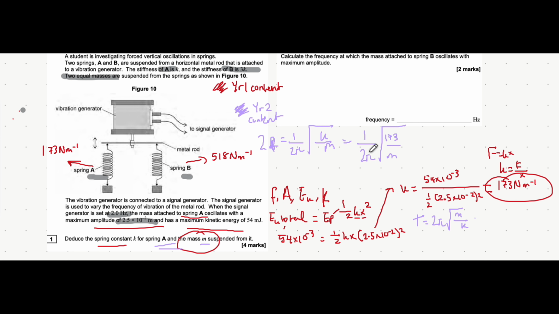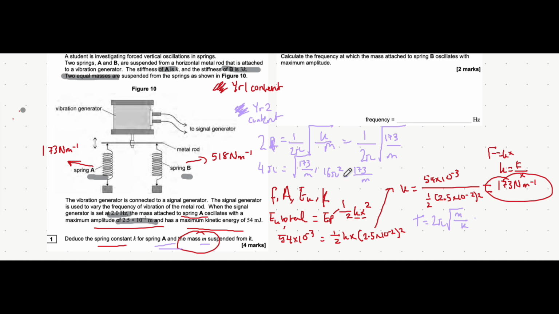Okay, so let's go about rearranging this. First multiply both sides here by 2 pi. So 4 pi is equal to root 173 over m. Then square both sides. So 16 pi squared is 173 over m.